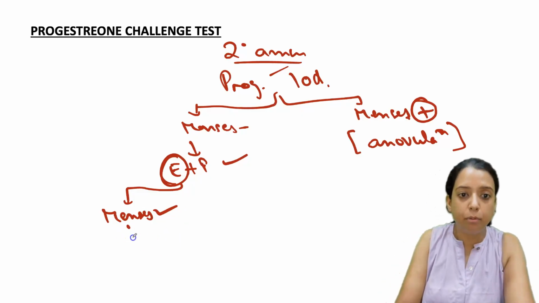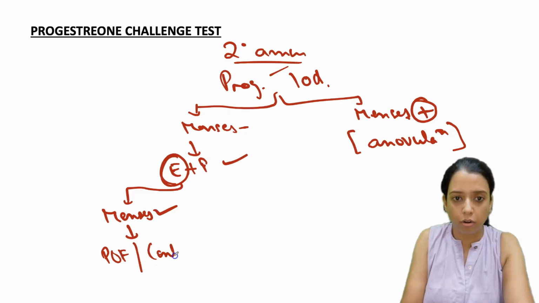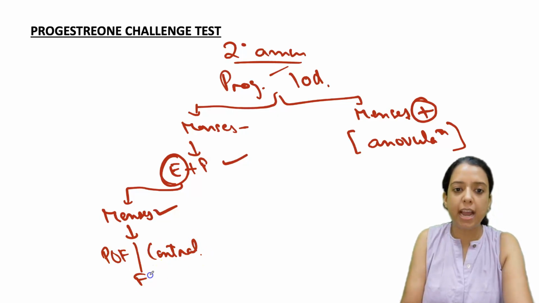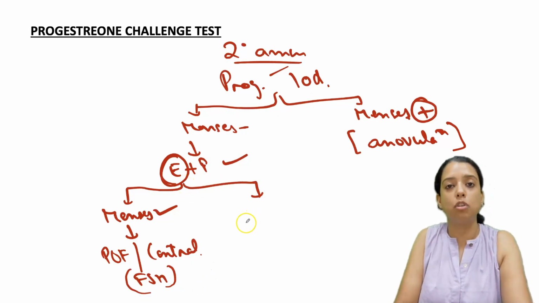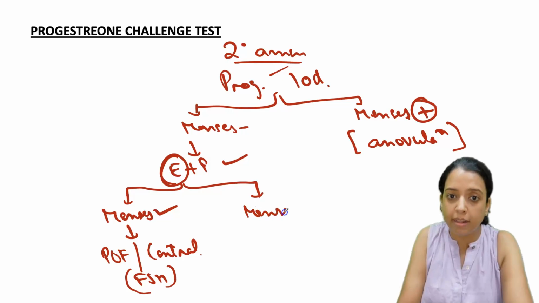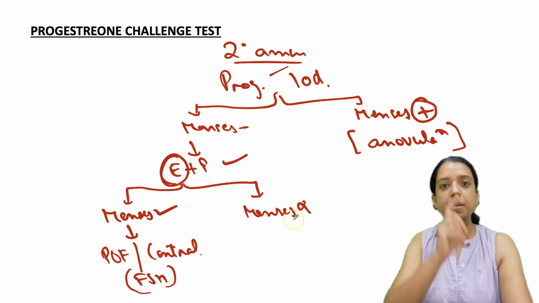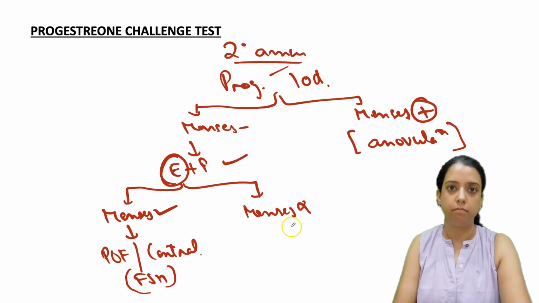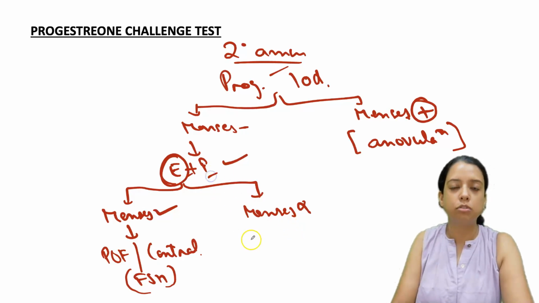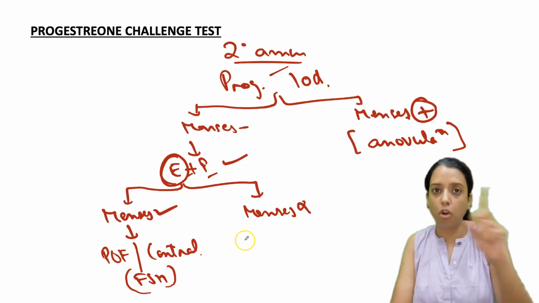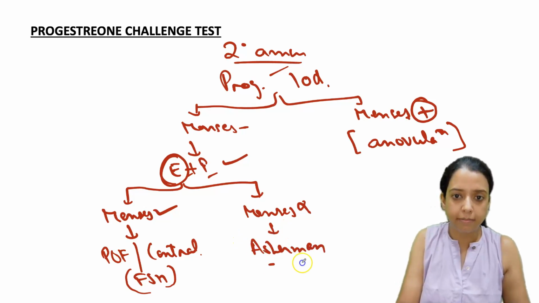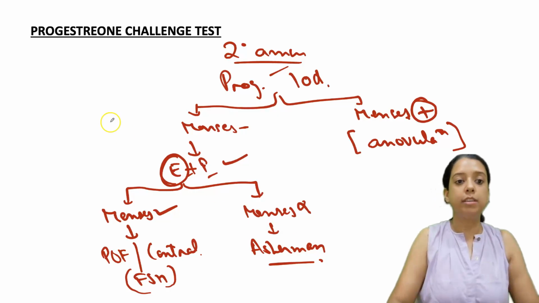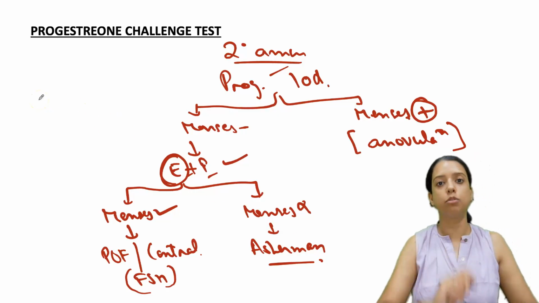So the patient is hypoestrogenic, either ovarian failure or some central cause. To differentiate, I'll get FSH. If even after giving estrogen and progesterone there is still no bleeding, the problem is not of hormones. It is an endometrial problem, Asherman. The diagnostic test I told you for Asherman is hysteroscopy.